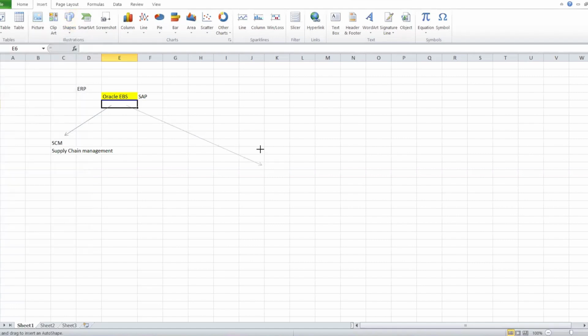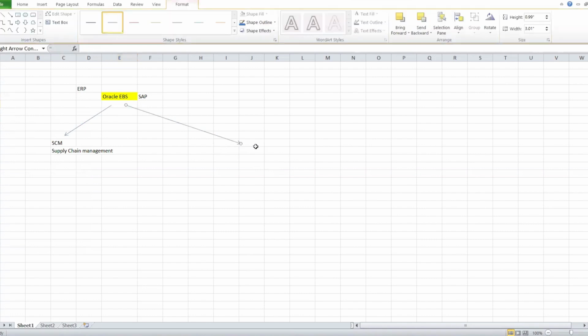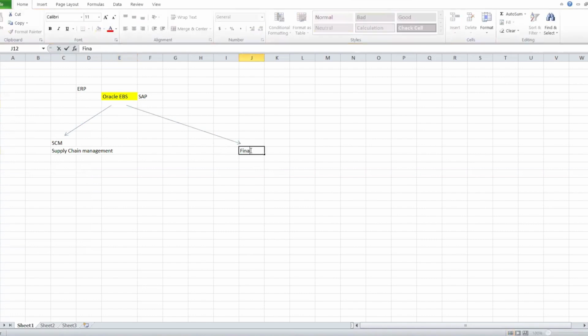The major two things are supply chain management and the financials. So I branch out the EBS, as an overall ERP system, into supply chain management and financials, right?